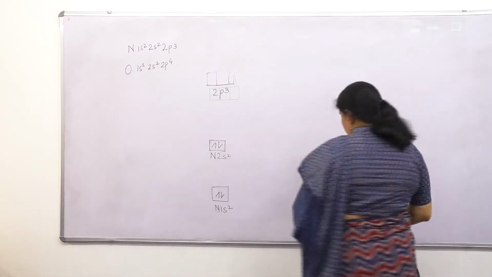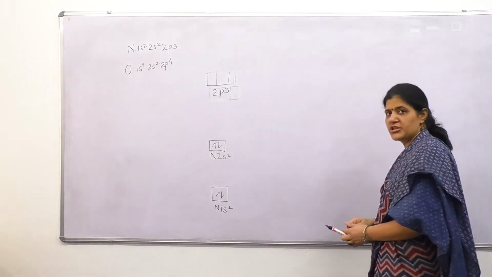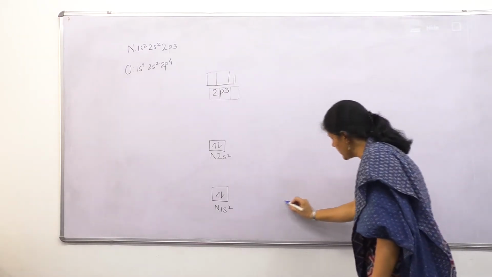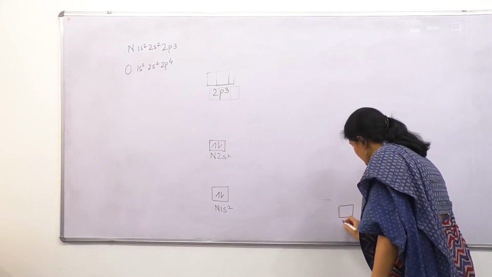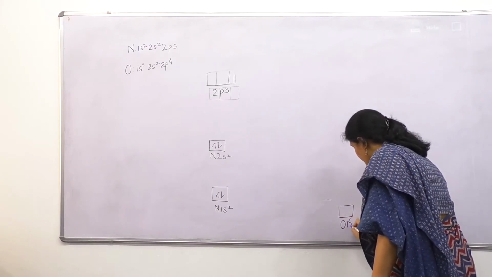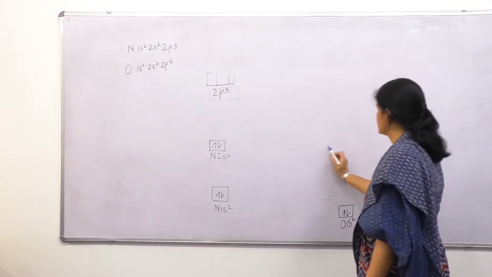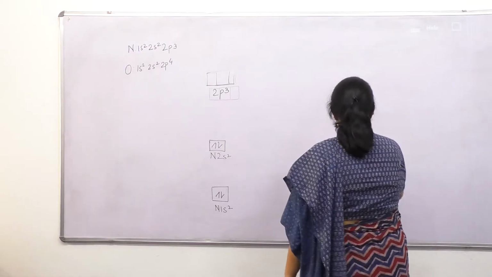Now here we have the oxygen atom. We will draw the oxygen atom slightly lower in energy as compared to the nitrogen. This is oxygen 1s2. This is oxygen 2s2.